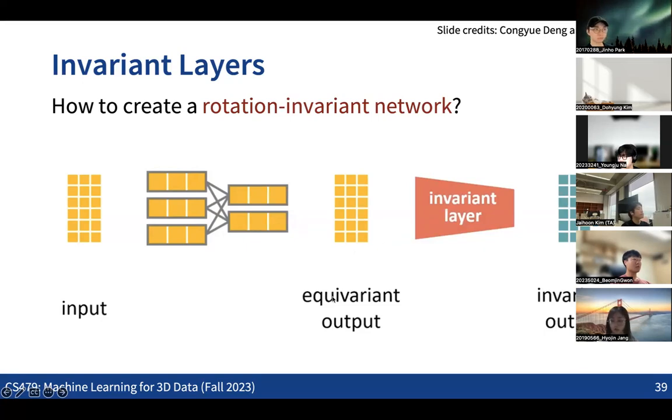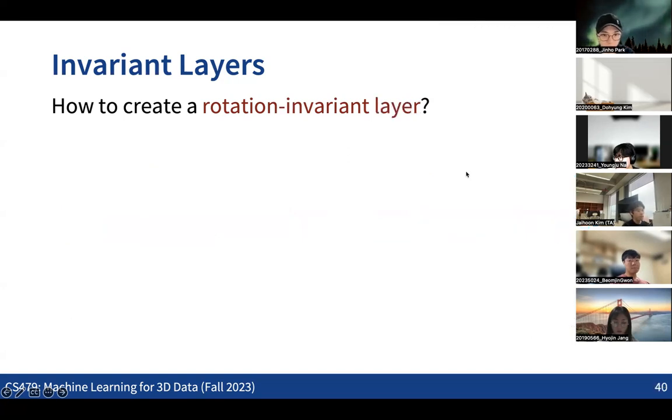When you have a rotation equivariant architecture like this and one single layer achieving the rotation invariance, we can transform the entire network into a rotation invariant network. So the question here is how we can make a single layer of the rotation invariance.